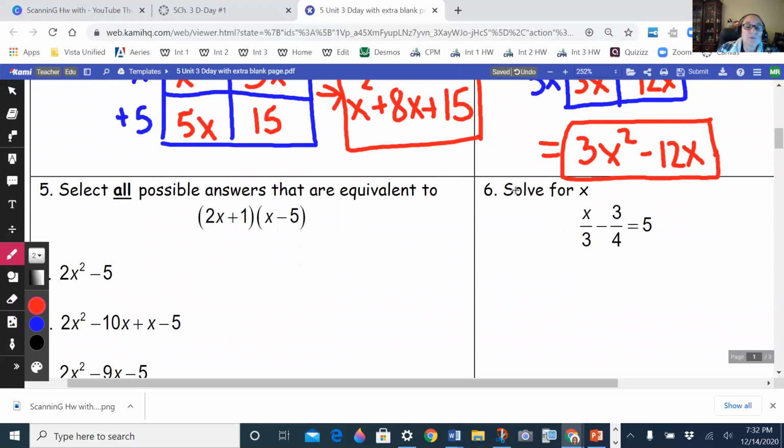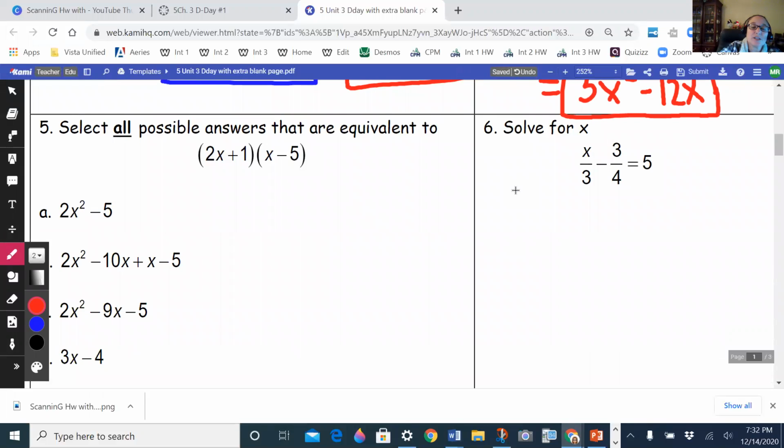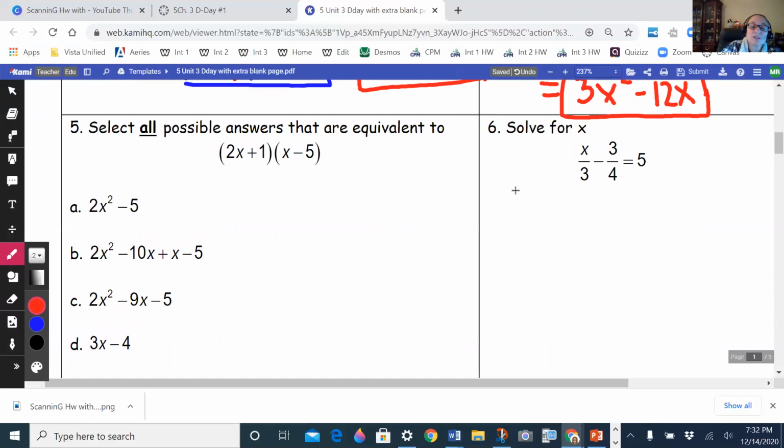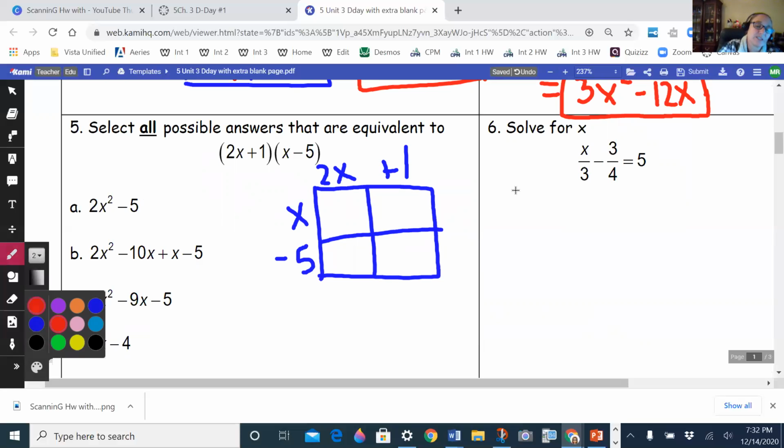On number 5, it says select all possible answers that are equivalent. Again, if I multiply this out, I have a 2 by 2, and it doesn't matter what goes where. Just make sure you put the negative right in front of the 5 so you know it is negative and you don't lose that sign.